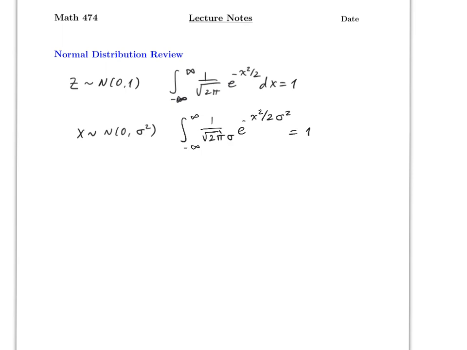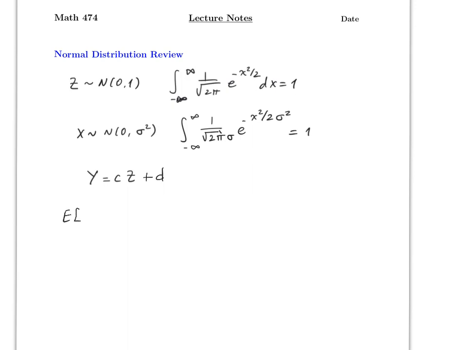Now, in general, let's say that you want to find a new normal distribution. This is the trick we're going to use a couple times in the rest of the class. Let's say that Y is a new random variable defined as a constant c times a standard normal distribution, which was this one, plus another constant d.